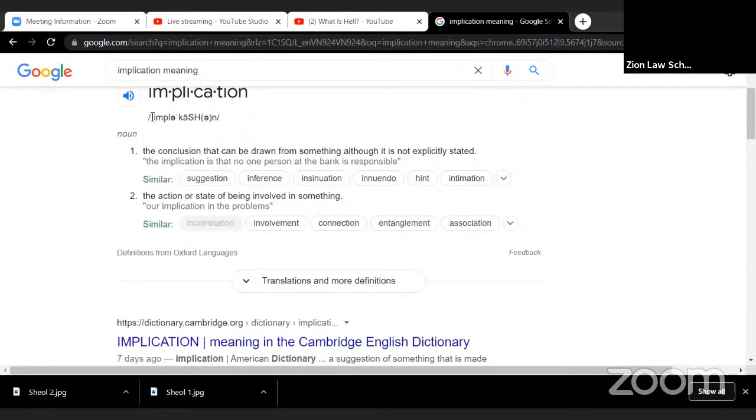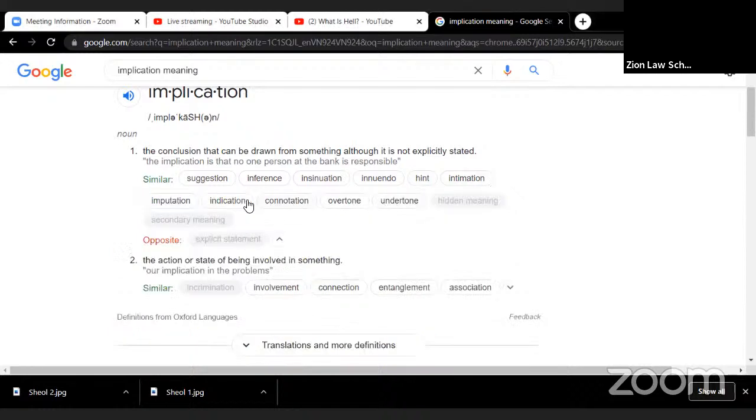So what is the precise meaning of implication? The conclusion that can be drawn from something, although it is not explicitly stated. Here's the similar: suggestion, inference, insinuation, innuendo, hint, indication, imputation.